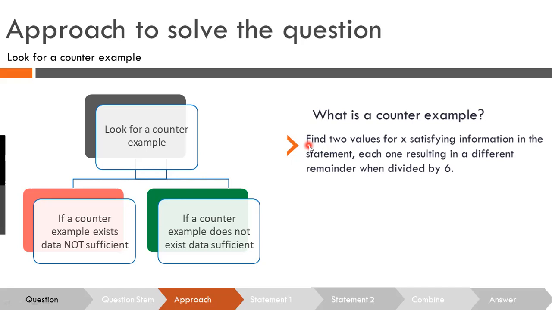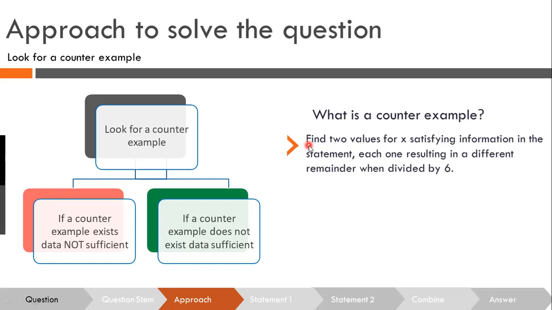In this way you can get 1,000 examples and 1,000 remainders. From those thousands, how can you select your required and desired remainder? So if these types of examples exist, they do not help in answering this question.